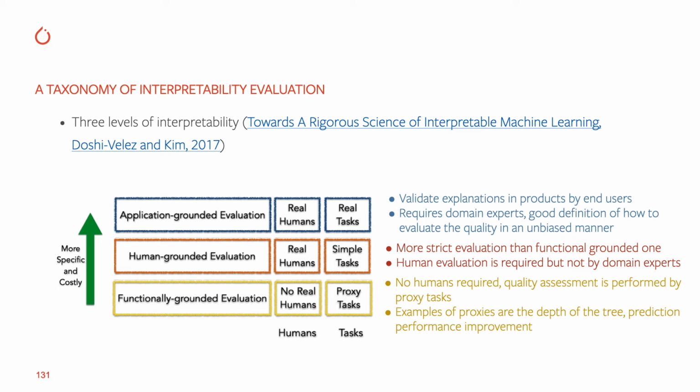An example of this type of evaluation is when the model developers work closely with a domain expert, such as a doctor, to diagnose a disease. At the bottom of the taxonomy, we have the least, and on the top, we have the most specific and costly evaluation techniques.